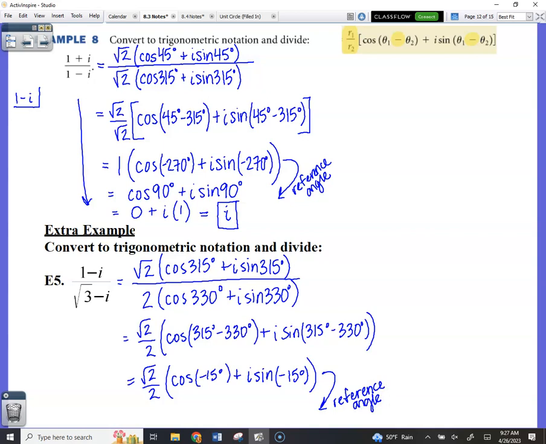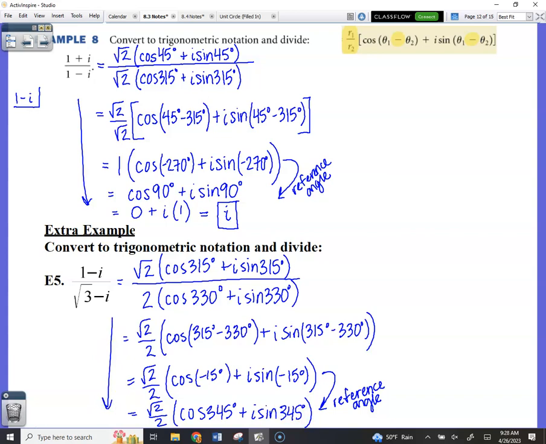Did you get square root 2 over 2 cosine 345 plus i sine 345? Did you get that?